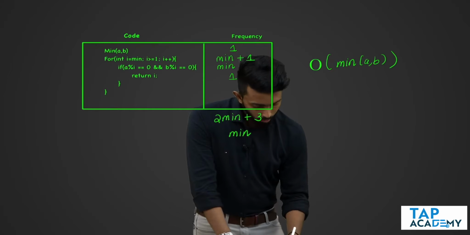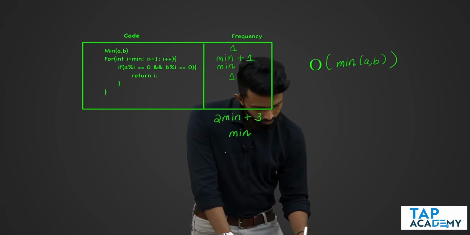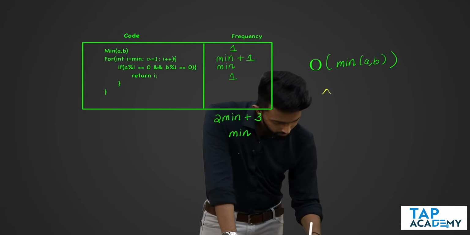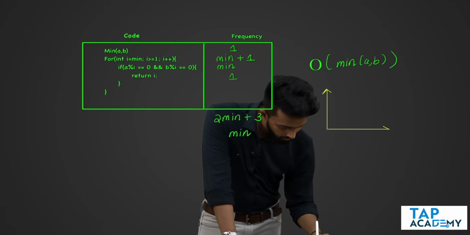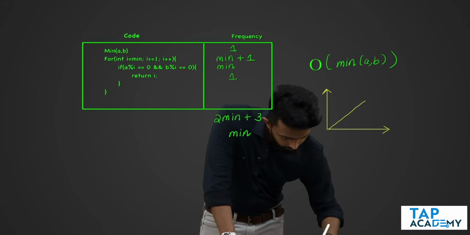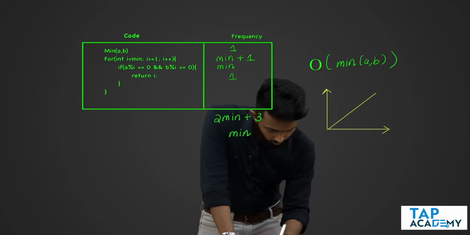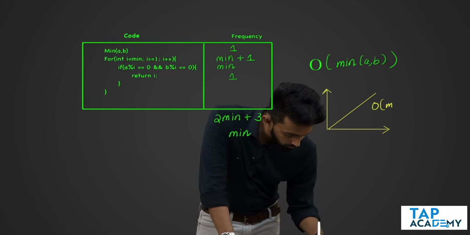How does this time complexity look? It is linear. Naturally, this is linear time complexity, right? So this is only your big O of min of A comma B.